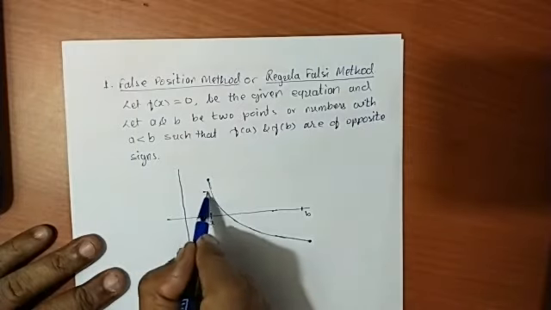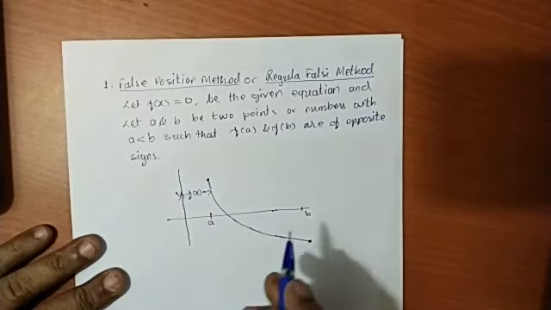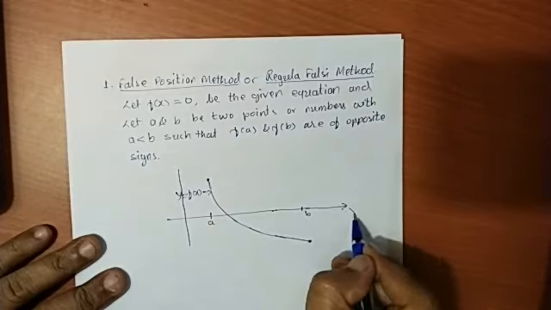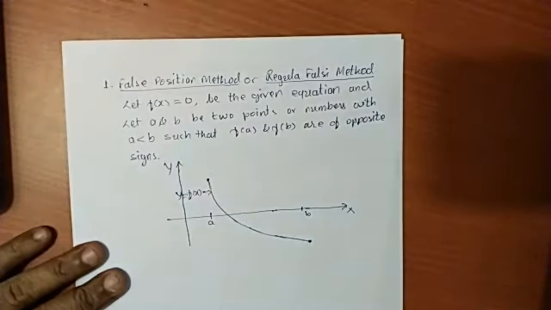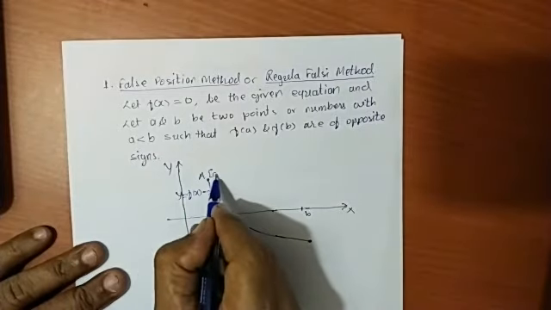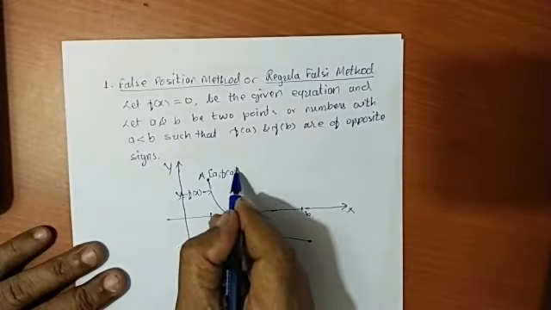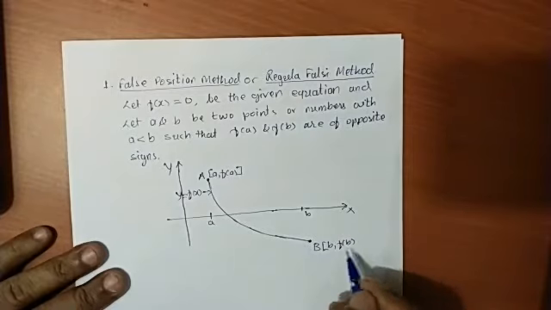So this is my f of x, y equal to f of x. So this is the x-axis, this is the y-axis. Now this point I call a. So this is nothing but a, f of a. Then this point I call b. The coordinates are b, f of b.